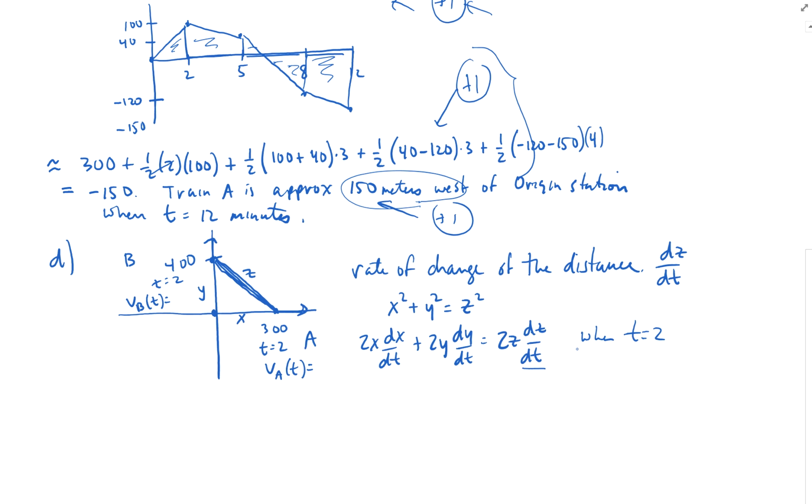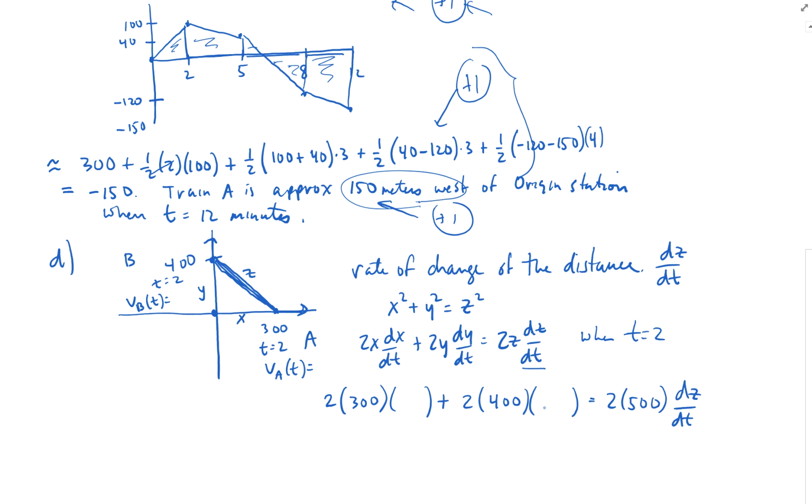When t is 2, we've got 2 times 300 times dx dt. I'm not sure what that is yet, so let's hold off on that. Plus 2 times y, which is 400, times dy dt equals 2 times 500 times dz dt.